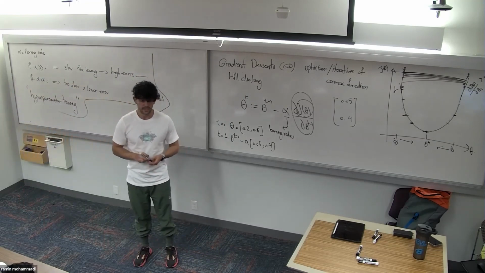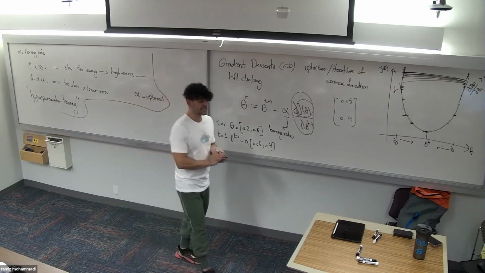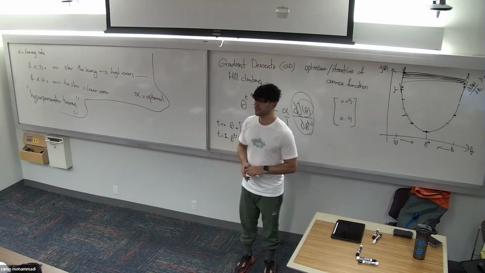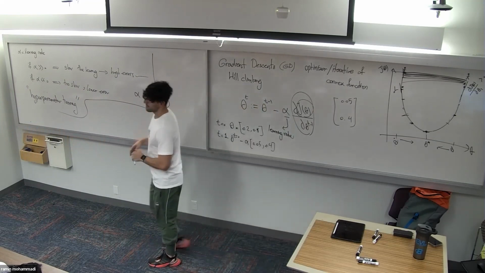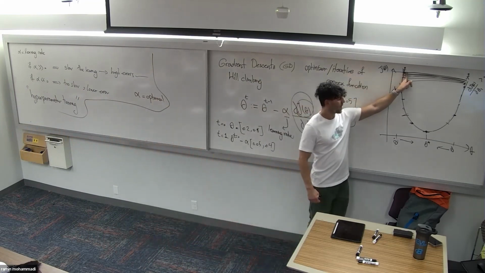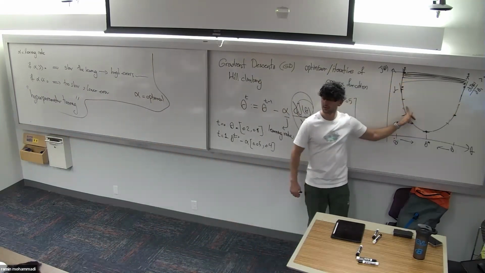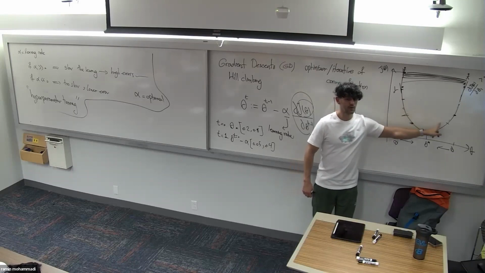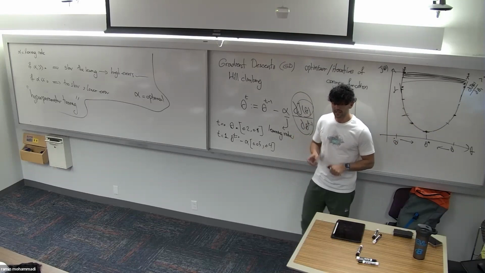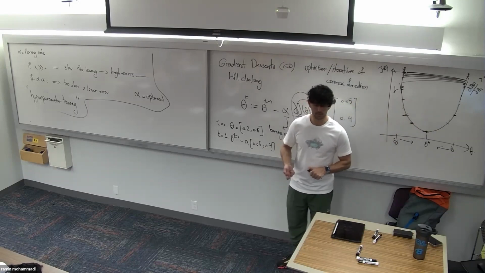Decaying basically means that when you start the algorithm, at the beginning of the problem, when I'm standing here, I know I could go much faster. But as I go down, could I slowly decrease the value of alpha? That's called the decaying problem.